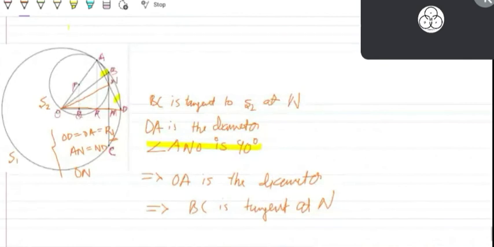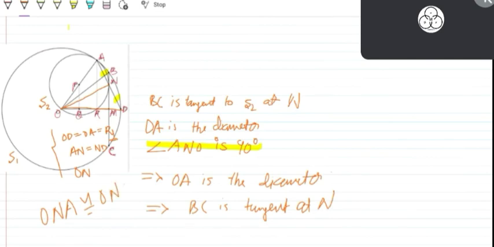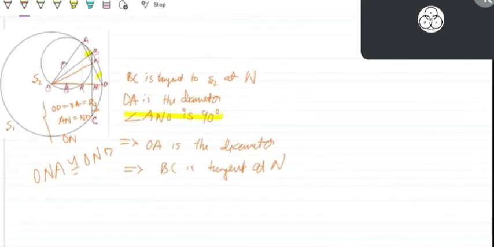Now using congruency, we can prove that ONA is congruent to OND, which implies that angle ONA equals angle OND equals 90 degrees. Just write the steps in your copy properly, I am not writing in an organized fashion.